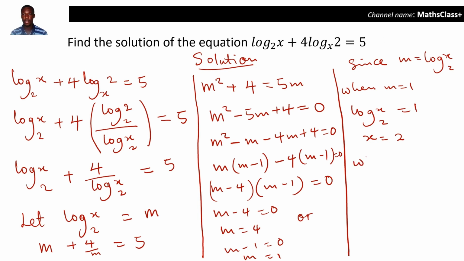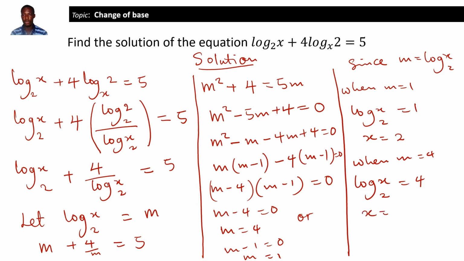Then when m is equal to 4, I'll have log x to the base 2 equal to 4, and I'll change this to indices. That gives me x is equal to 2 to the power 4, which gives me x is equal to 16. Okay, so that's how we go about it.